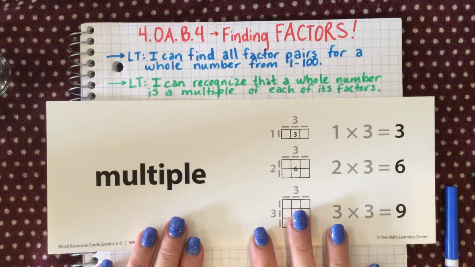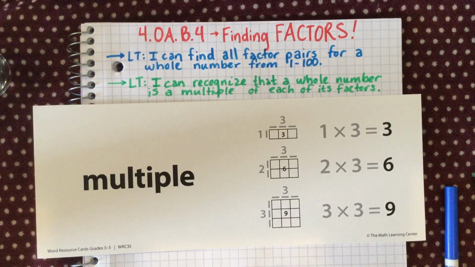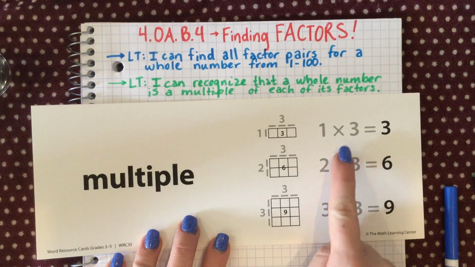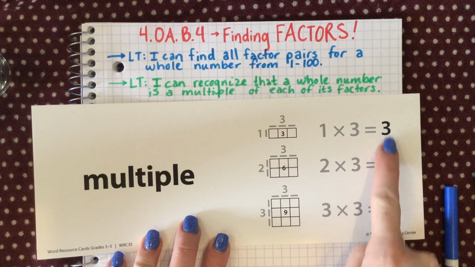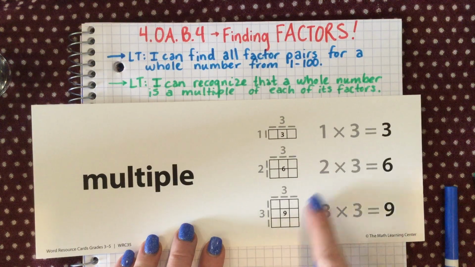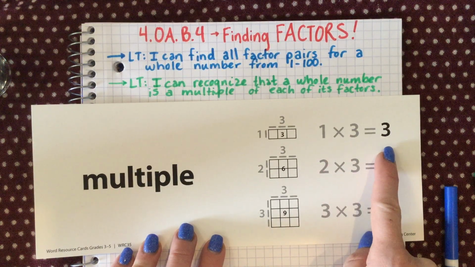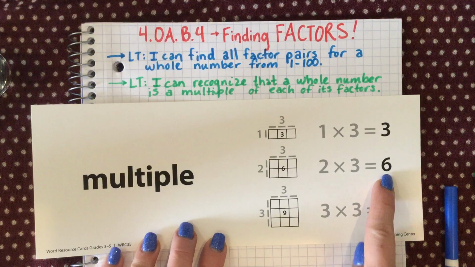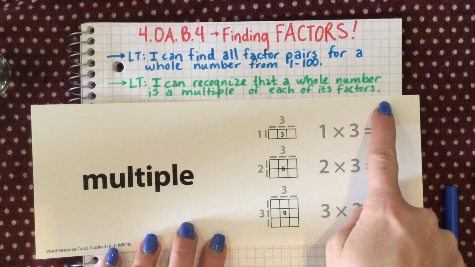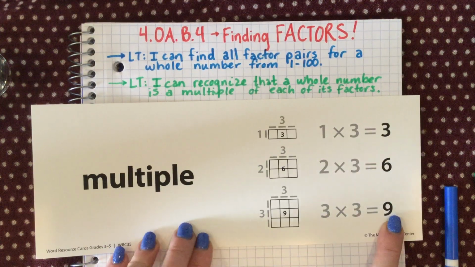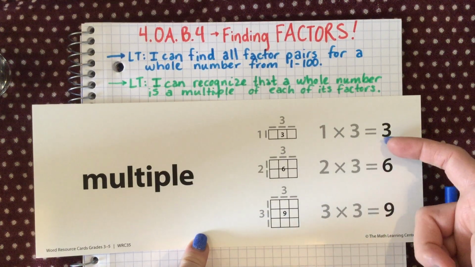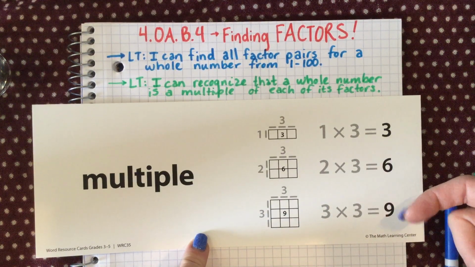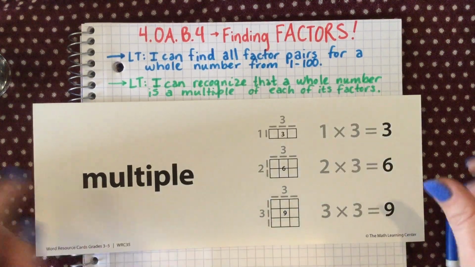So a multiple is pretty much as simple as counting on, skip counting by whatever you're doing. Those are the answers when you skip count. So for example, 1 times 3 is 3, 2 times 3 is 6, 3 times 3 is 9. All of these numbers are multiples of 3, because if you counted by threes, 3, 6, 9, 12, and it would go on and on.